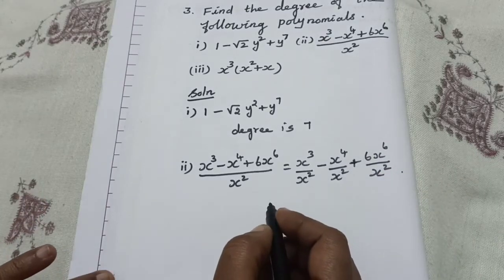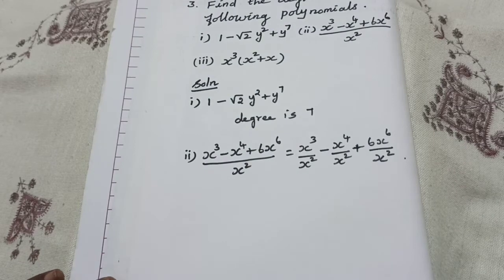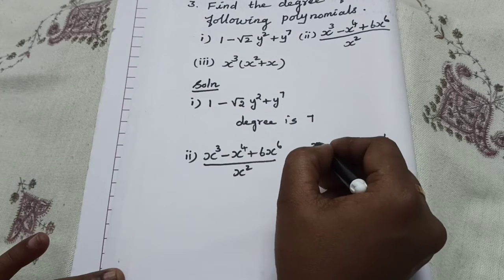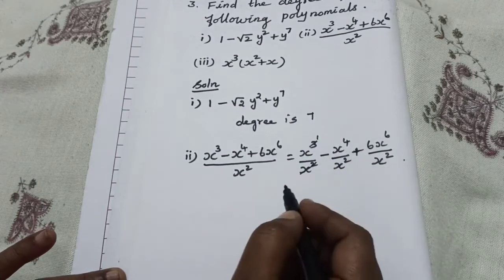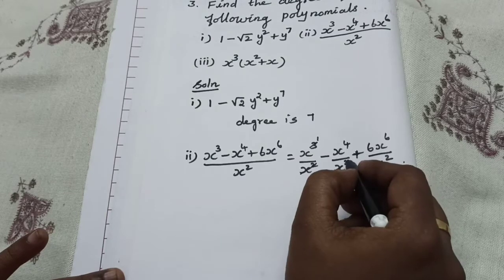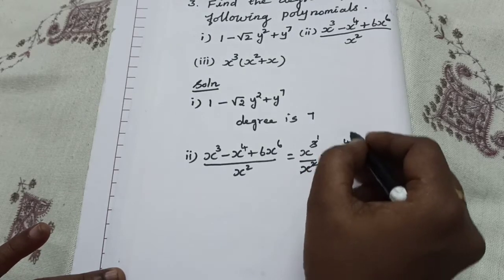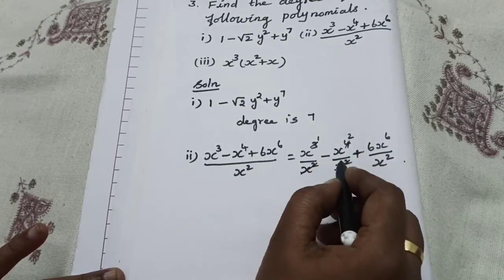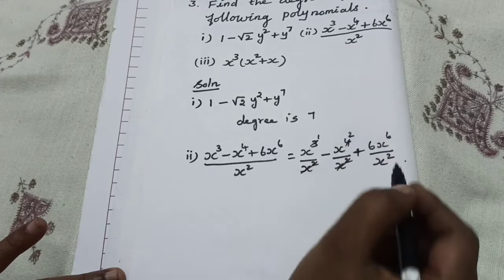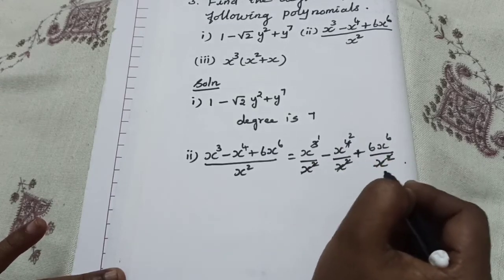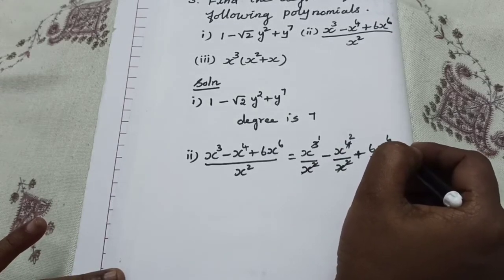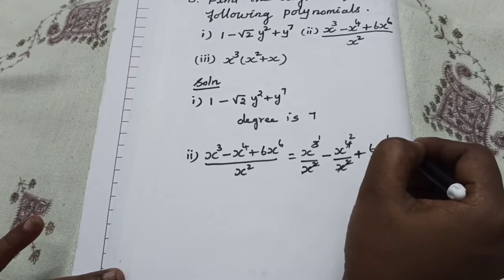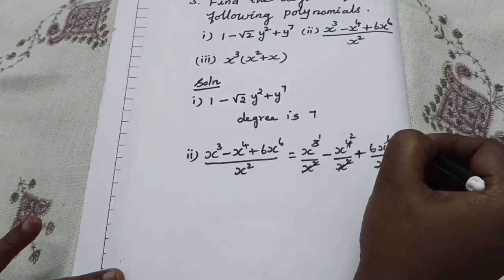Then we cancel x square, and we will get x power 1, isn't it? Then x power 4 divided by x square, we cancel 2 x's, and the remaining is x square. And for x power 6, cancel 2 times, then remaining x power 4 we will get.